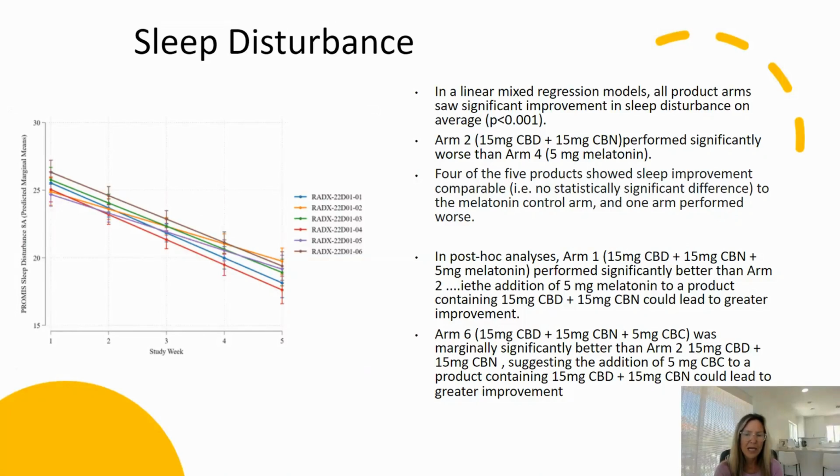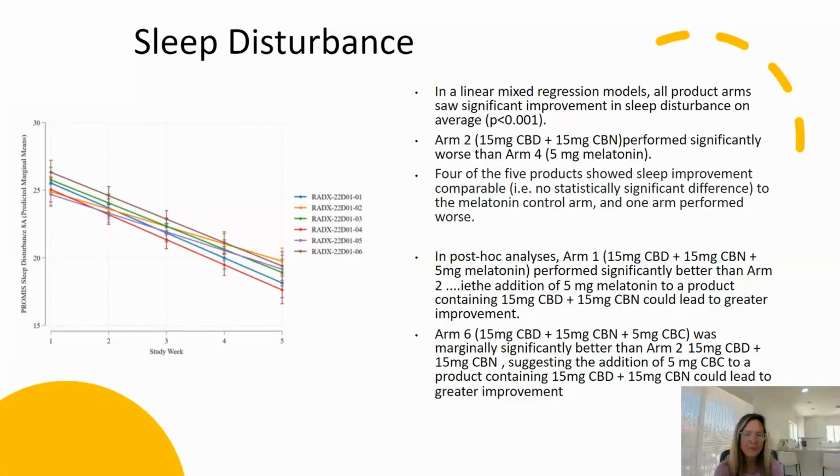When we looked in a post-hoc analysis, we saw that arm 1, which was the CBD, CBN, melatonin, performed significantly better than arm 2. And so what that meant was the addition of melatonin to a product that already had CBD and CBN might offer a little bit more of an improvement. So that, at least at that dosage, at the 15 and 15, addition of a little bit of melatonin seemed to benefit.